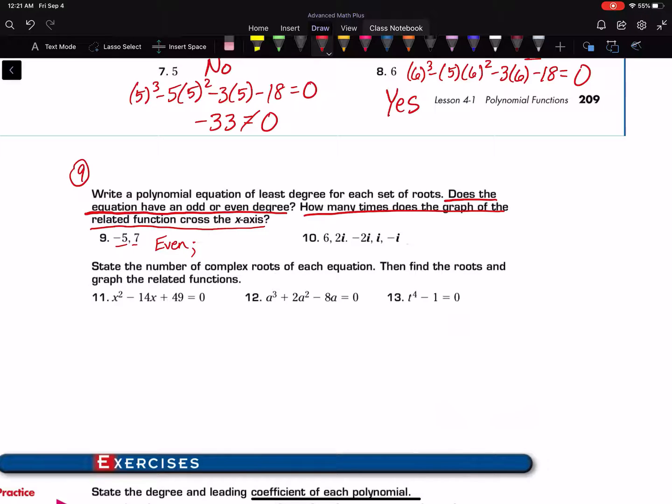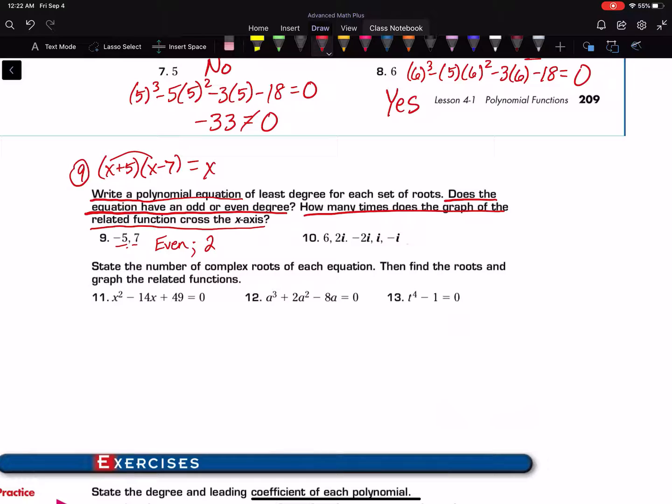And then it says how many times does the graph of the related function cross the x-axis? Well, how many of the roots are real? In this case, 2 of them are real. They are both real. Now, to write the polynomial equation, we take our roots and we make our factors. So that'll be x plus 5 times x minus 7. You do the opposite, okay? And then you just multiply it out.